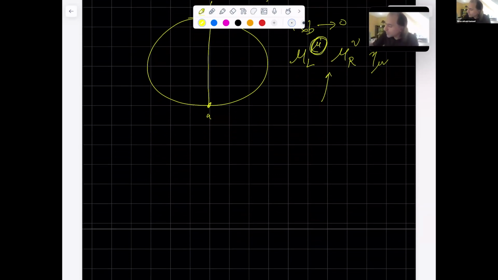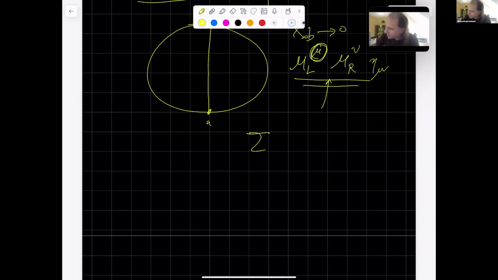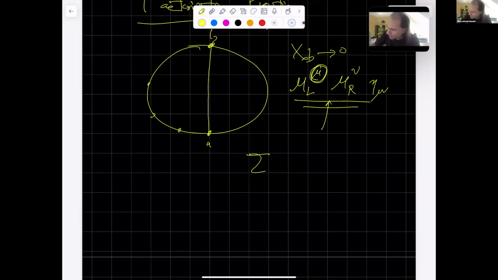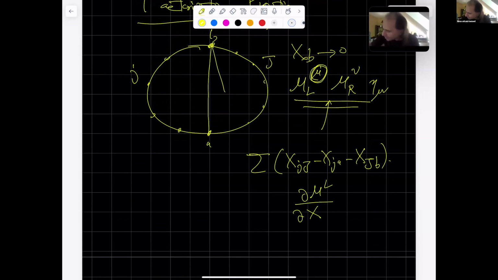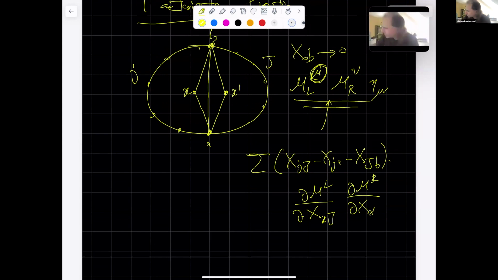You can work out that what this factorization turns into is the following interesting formula, where you sum over the indices little j on this side and capital J on this side of something that looks like xjj minus xja minus x capital JB, dm left by d, but now I have to do something that looks a little bit funny: put an x prime here and an x, xj dm right by dx prime little j.